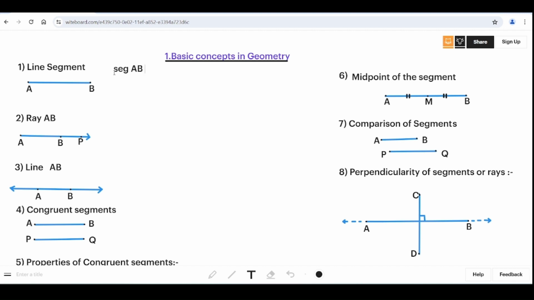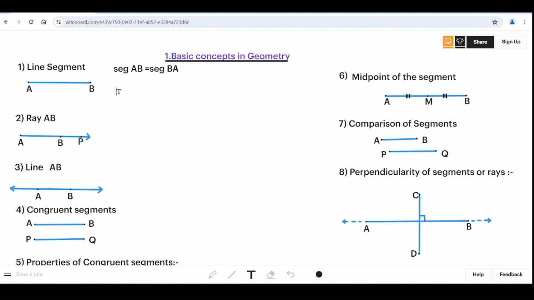So, a line segment is denoted as segment AB. It can also be called segment BA. In both ways, it is the same segment. Now, as it has bounded boundaries, meaning there is a last point, we can calculate the length of the segment.